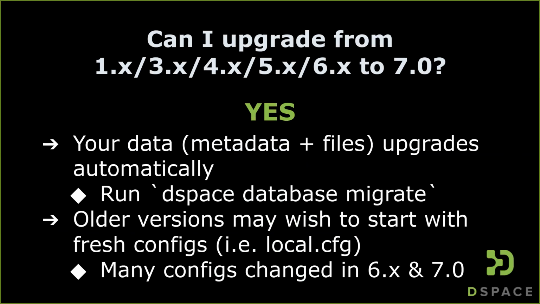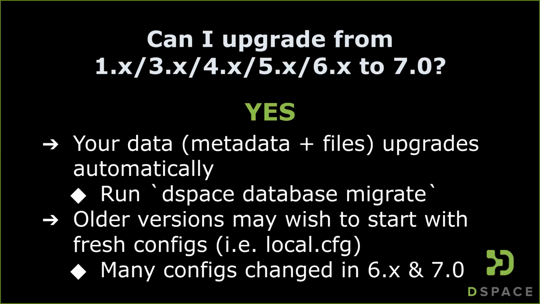Your data can be upgraded automatically using our normal database migrate script. There's a database migrate script that behind the scenes is using some database tooling to automatically update your database to the latest version, move around tables if it needs to, get everything ready to go there for you, as well as make sure the files are still in the same sort of places they've always been. So your data is going to upgrade automatically.